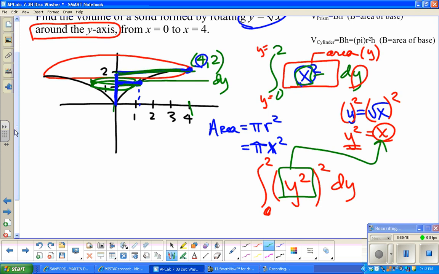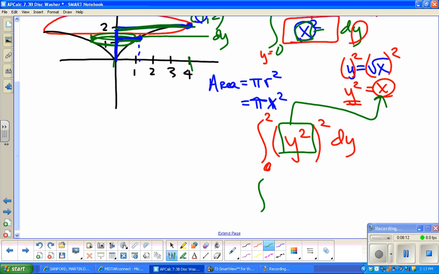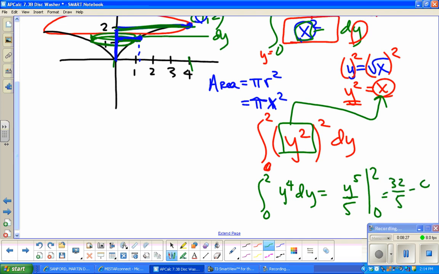So this ends up being the antiderivative from 0 to 2 of y to the 4th dy, and at this point you should be able to take this, and I'll just kind of speed through it. So this is going to be 32 over 5 minus 0 over 5, or in other words, 32 over 5 cubic units, whatever those units are.